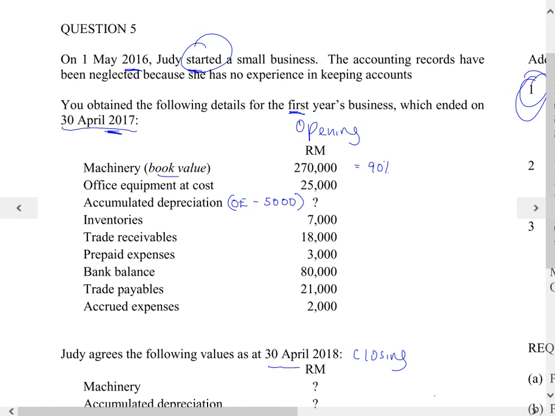How I know that? They mentioned here book value, not cost. If it's cost, means haven't depreciated, accumulated. So 270 is 90%, means your original 100% will be 300,000. Like this.